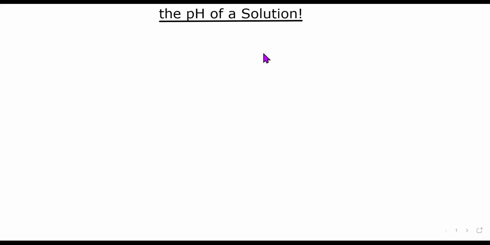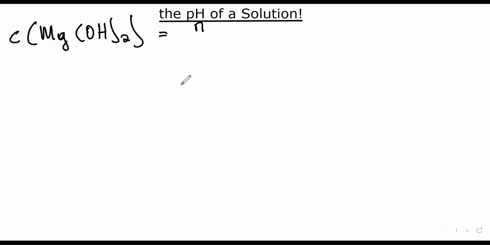So first things first, we want to find the number of moles of magnesium hydroxide that are available at the start of the reaction. But since we are given the concentration and the volume, then it makes perfect sense for us to define the concentration. So we know that concentration is defined as the number of moles divided by the volume. That is what we know.